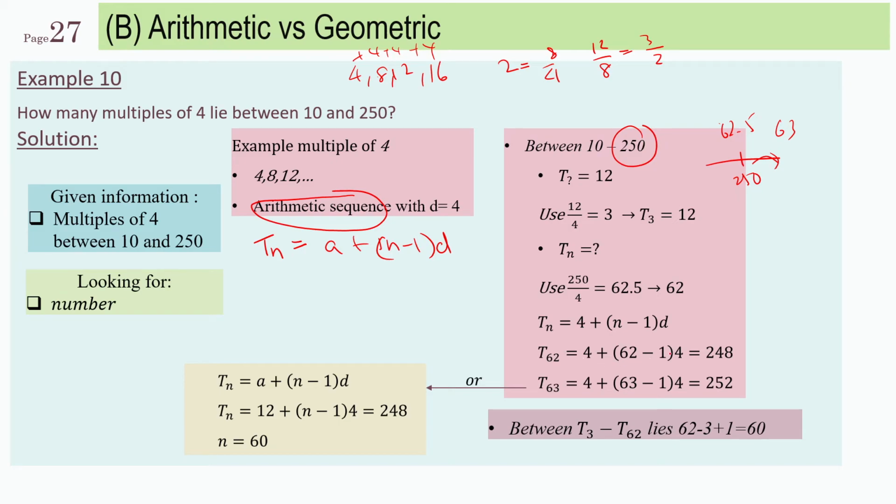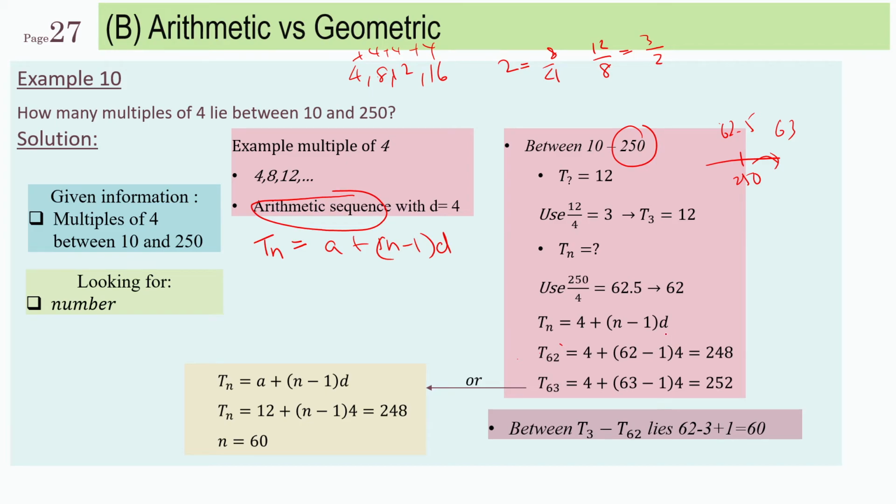If you are not very sure, you can calculate 62 and 63, and very clearly 63 gives 252, which is already more than our limit 250. So that means T62 over here is 248.